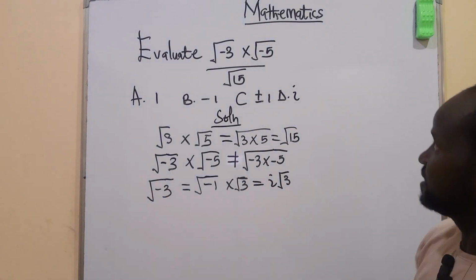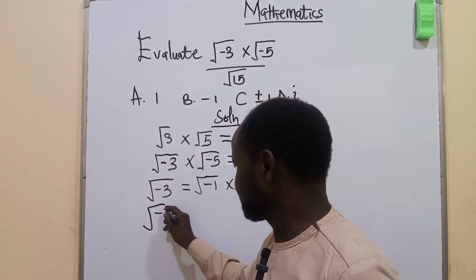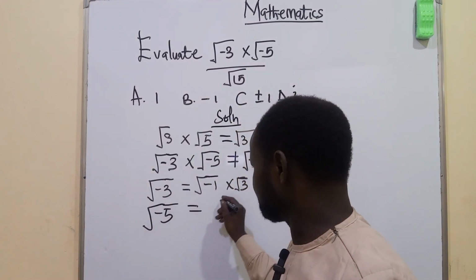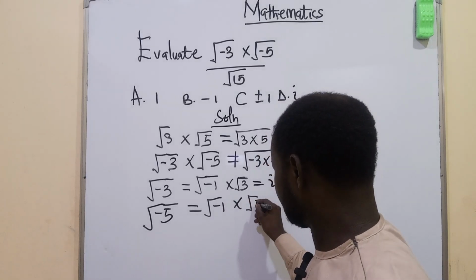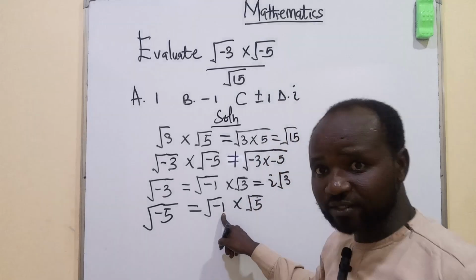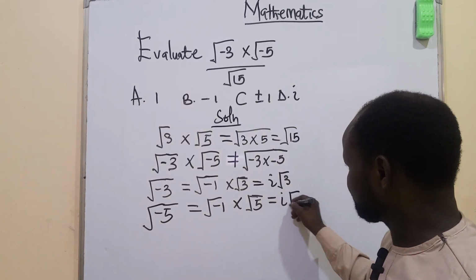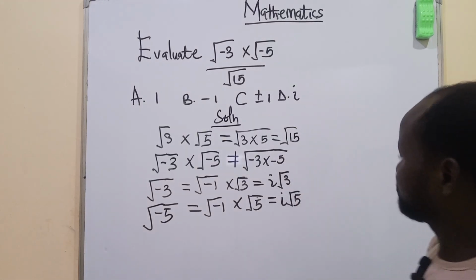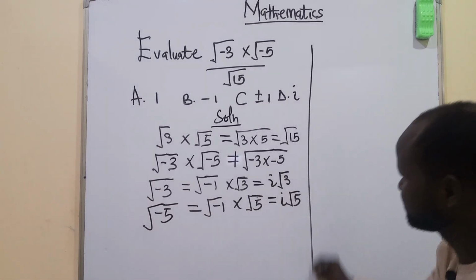Then what about root minus 5? We use the same concept: root minus 5 equals root minus 1 times root 5. Root minus 1 is i, so that will be i root 5. So we use this concept to evaluate this question.